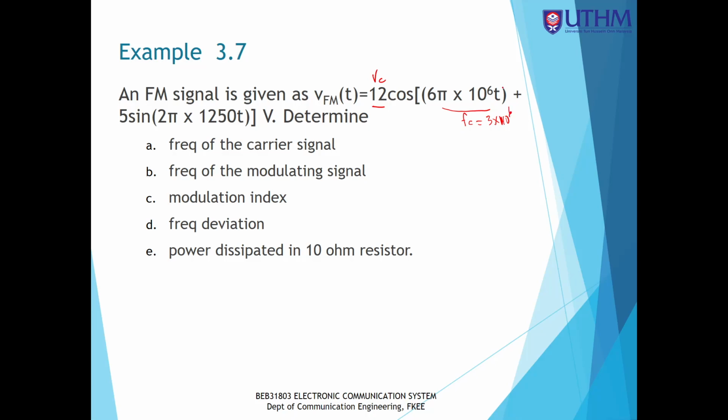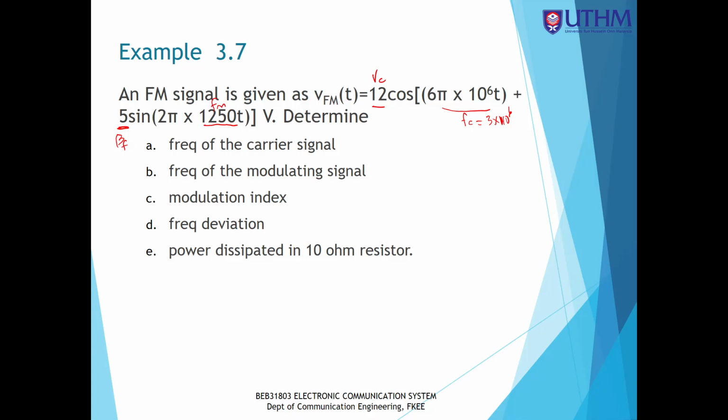Then over here, 5 is beta f. And this is the modulating signal frequency, which is fm. Now I already know many parameters.